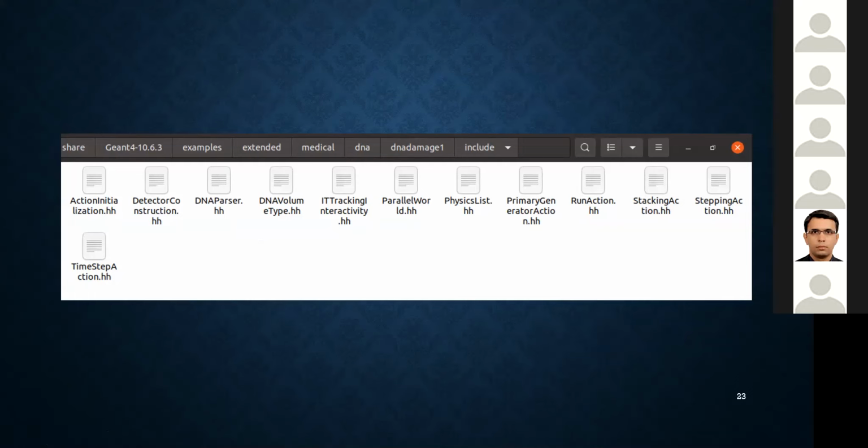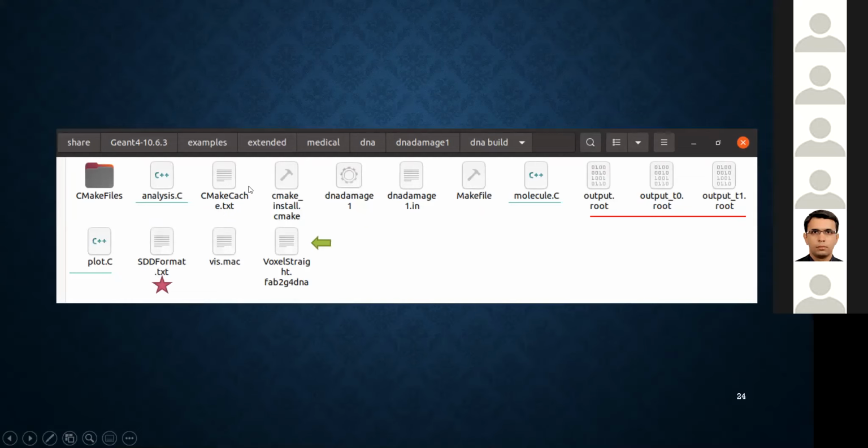But yes, we vary some things, like the chemistry is implemented in other classes, and in Geant4-DNA, the DNA fabrics is loaded with the DNA parser, for example. And this is the output. These are the outputs of ROOT. These are the 3 ROOT files that analyze this output and produce the SDD format.